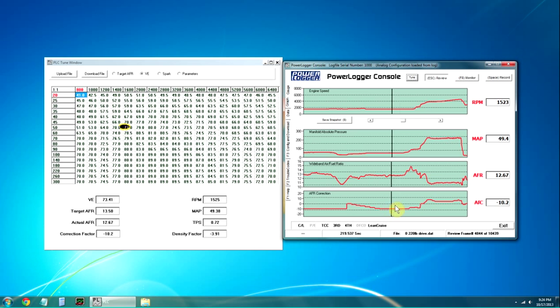So if I move back and forth over this area, I can see that the bubble is hanging out in this section of the table. And since that's at minus 10, that basically means that this area of the table needs to be reduced by 10%. Now by 10%, it doesn't mean you just subtract 10 numbers off of any of these cells.